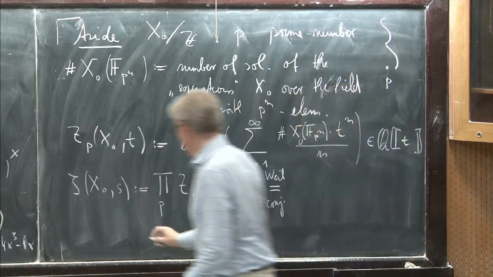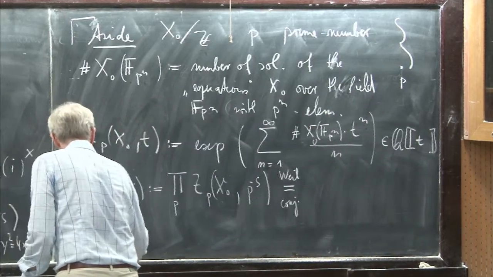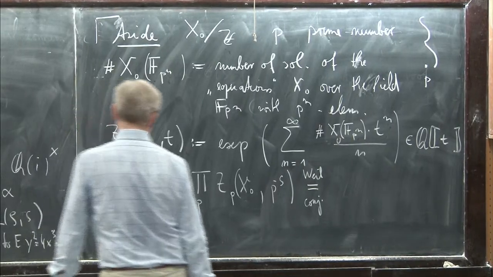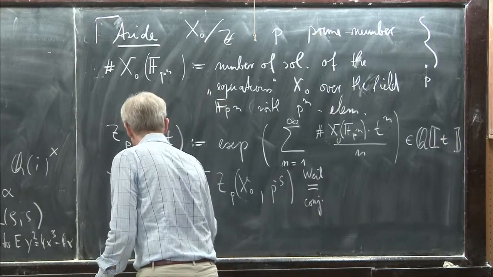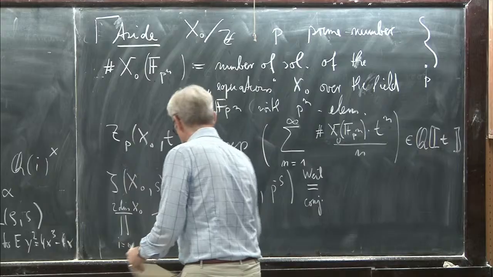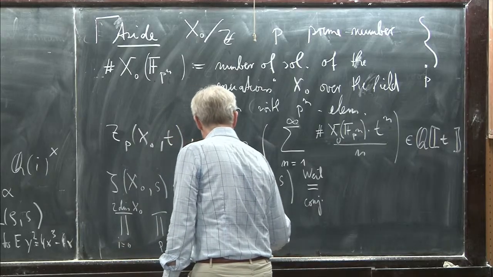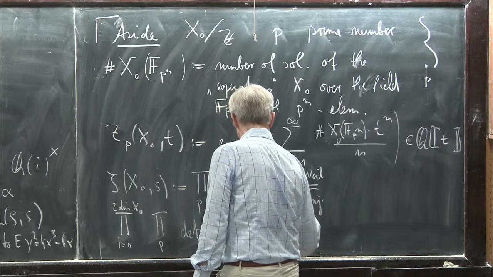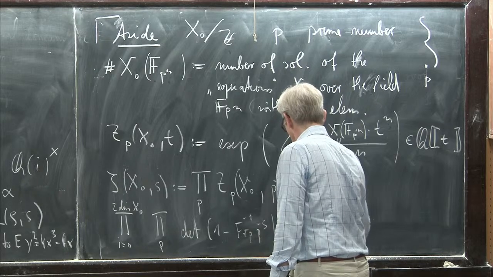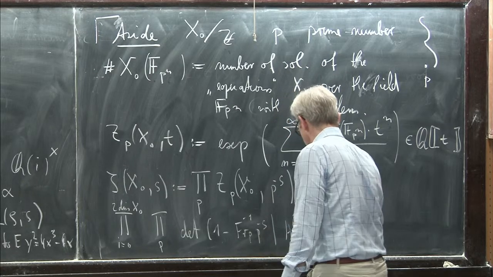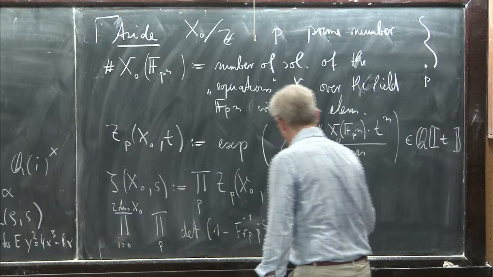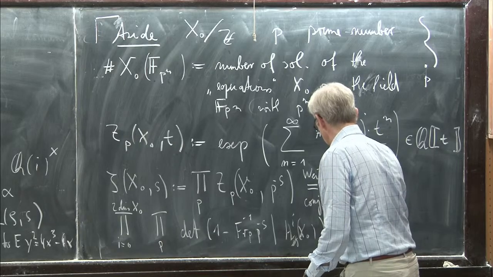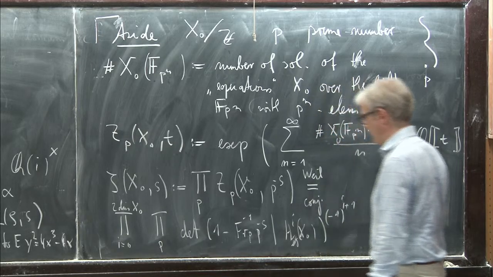I take the product over i from 0 up to 2 times the dimension of our variety, and then I take the product over p of the determinant of 1 minus the Frobenius at p inverse times p to the minus s. This acts on a certain cohomology space associated to X_0, which I want to keep completely under the rug. This is difficult. And then I take the exponent minus 1 to the i plus 1.